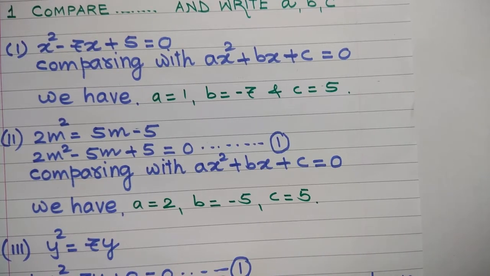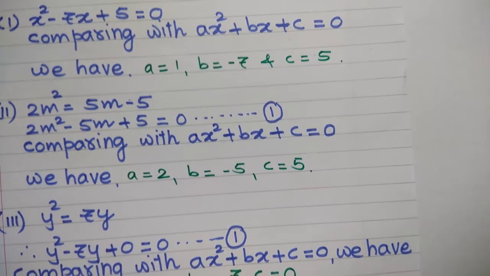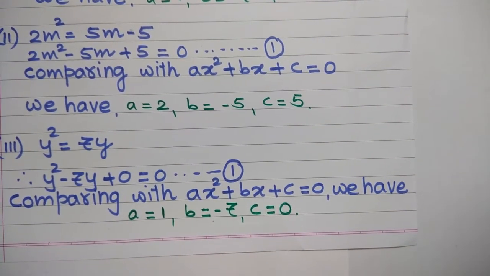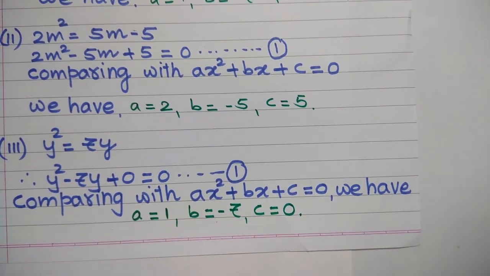Let us start with example number 3. Example number 3 is y square is equal to 7y. Shift 7y to this side. So you have y square minus 7y.